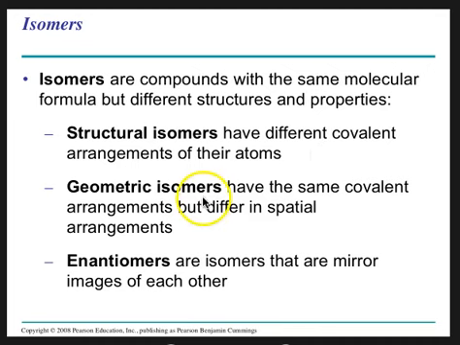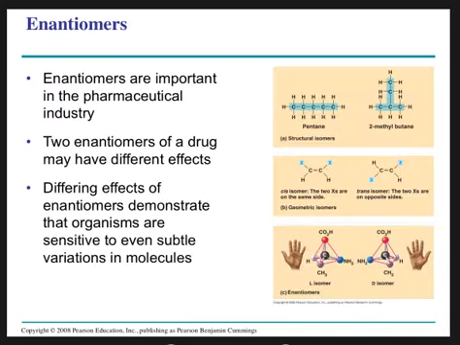Geometric isomers will have the same covalent arrangements, but they'll differ spatially, so they'll be spaced out differently. And enantiomers are actually mirror images of each other. So here we go, there are images of each.